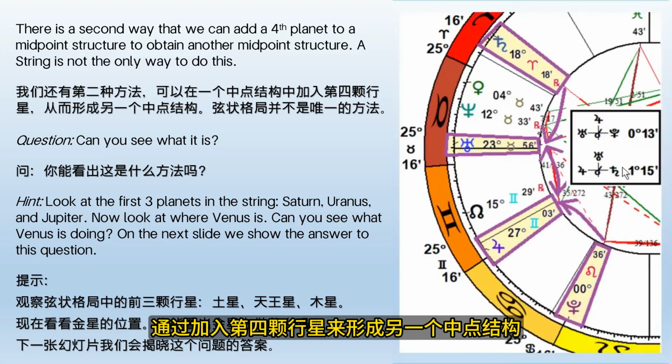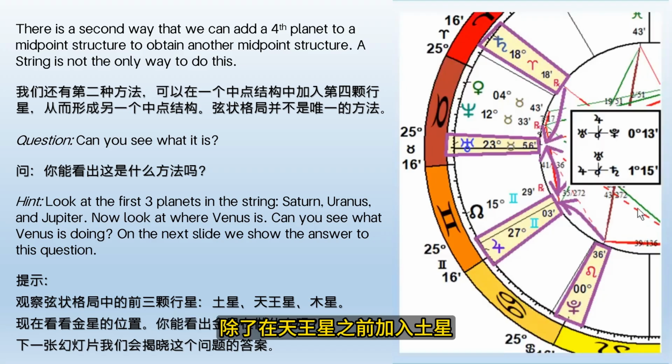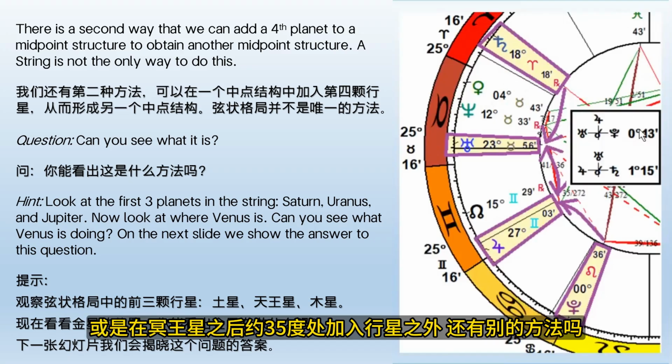Now, there's a second way to obtain another midpoint structure by adding a 4th planet. So instead of adding Saturn before Uranus or adding some planet after Pluto, about 33.5 degrees, is there another way?